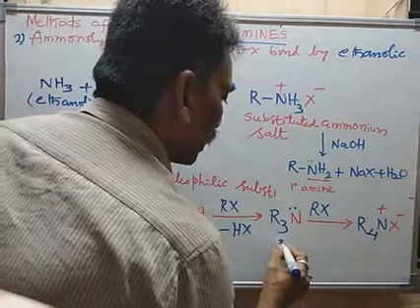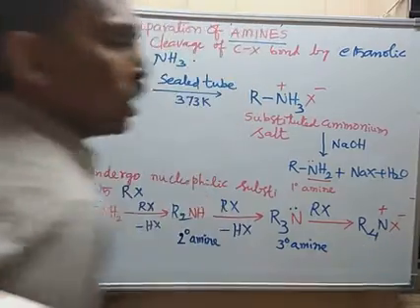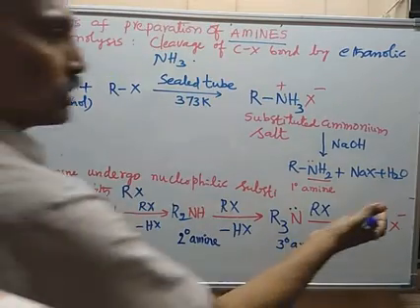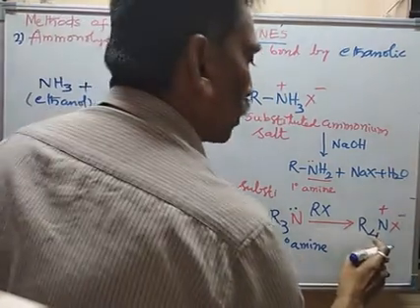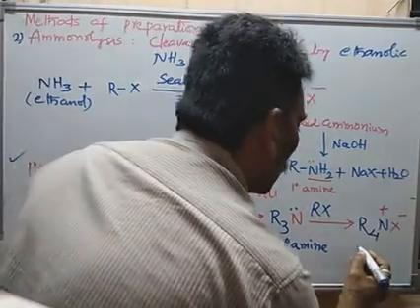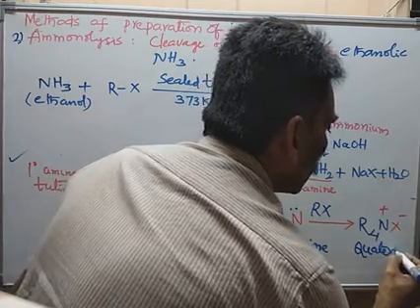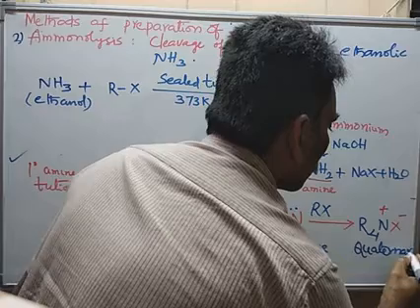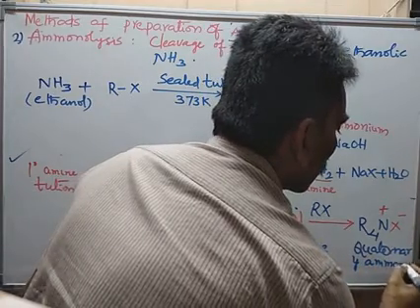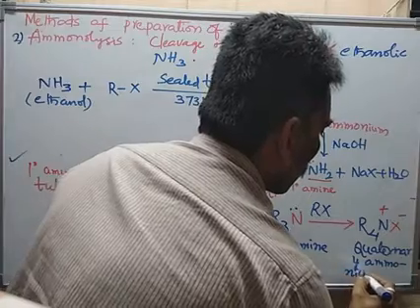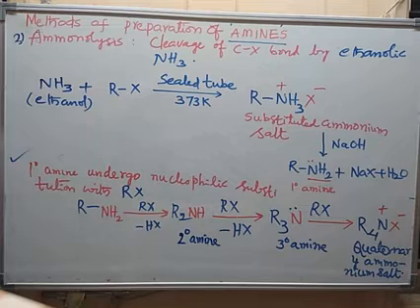This is tertiary amine, 3 degree. And the final one is a salt. Salt means like NaCl, with plus charge and minus charge present in the species. With 4 alkyl groups attached to nitrogen, it is called quaternary ammonium salt. Over.